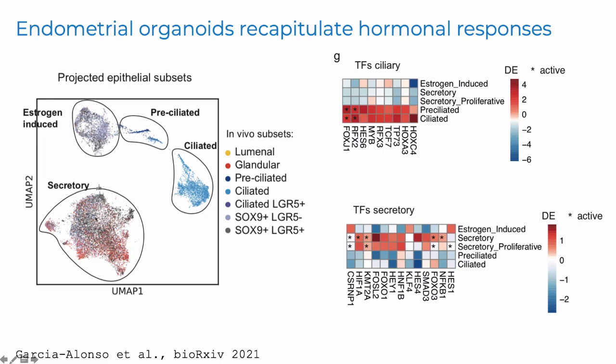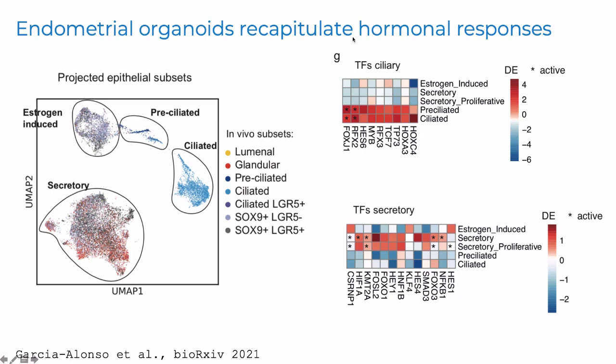Then we have the secretory lineage, where some SOX9 cells are becoming differentiated into the secretory ones. To be honest, we don't care that much whether the organoid is fully differentiated or not, and as you can see the secretory fraction is not complete, around 40% of the cells. What we care about is whether those epithelial cells are responding in the same way as in vivo, because we want to understand the pathways for differentiation.